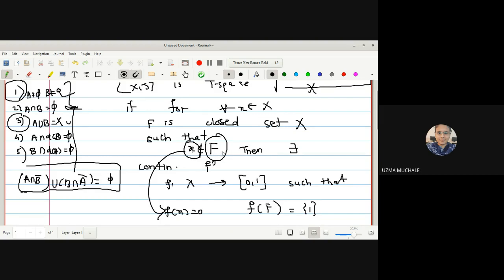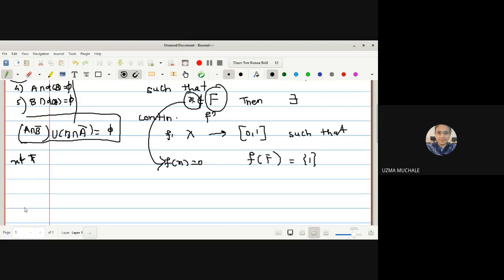In a very similar way, we have seen one more definition, the regular space. What was the definition of a regular space? F is a closed set which does not contain the point x. Then there exist two disjoint open sets G and H such that one contains the point x and the other contains the closed set, and disjoint means the intersection of G and H is empty.